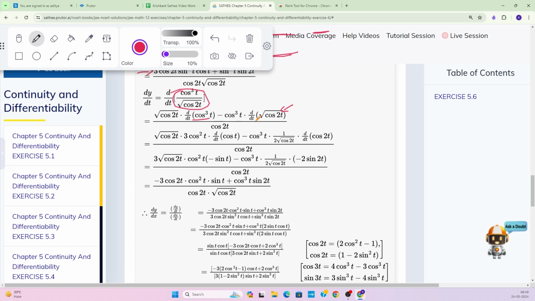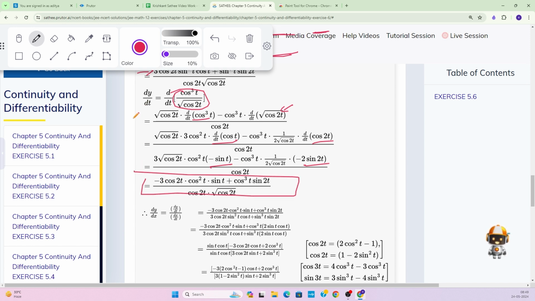Now minus cos cube t multiplied with 1 by 2 root cos 2t multiplied with the differentiation of cos 2t. The differentiation will be minus sine t, and for this it will be minus 2 sine 2t. Now take the LCM, you will get this as your expression.